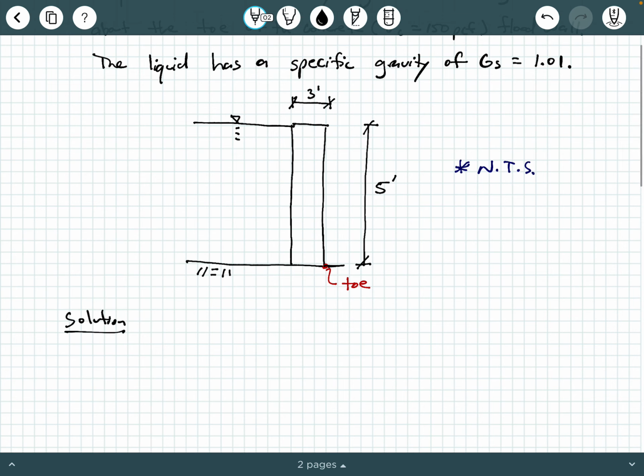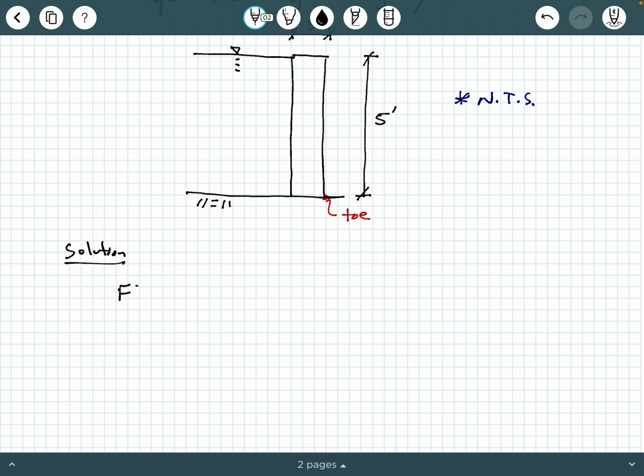In general, a factor of safety against overturning, we can call that sometimes Fs sub O for overturning, is going to be equal to a resisting moment, which I'm going to call M sub R, divided by an overturning moment, which I'm going to call MO. So we'll make a note here: this is resisting moment divided by overturning moment.